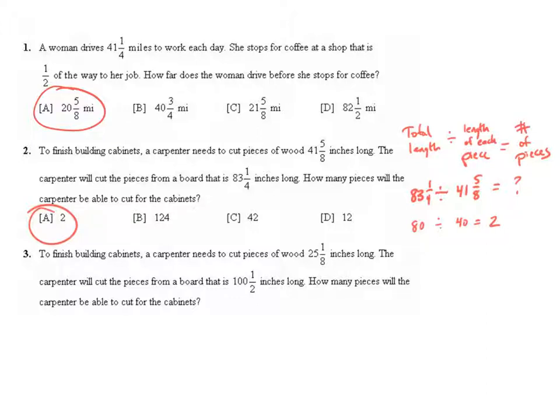I am going to go ahead and work this entire problem out just as a review of division with mixed numbers. So the first thing I'm going to do is change both of my mixed numbers to improper fractions. So 83 1/4, I'm going to do 83 groups of 4, which is 320 plus 12, which is 332, plus that one more from the fourth, 333 fourths.